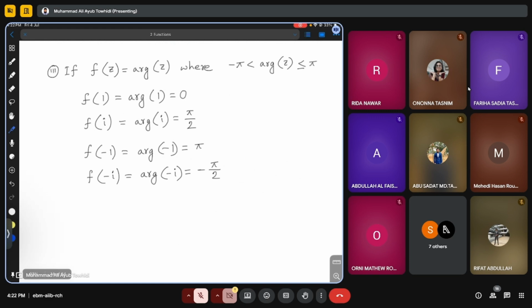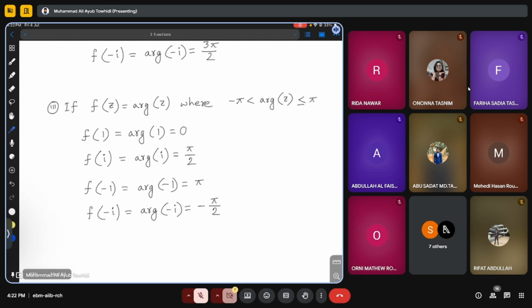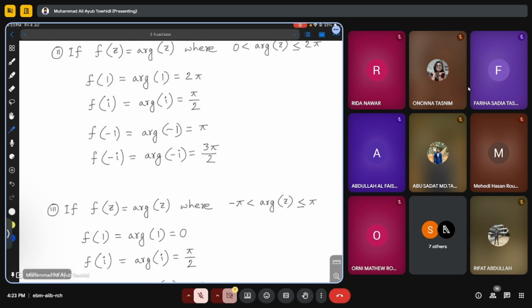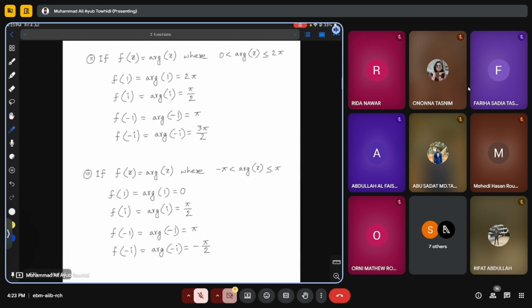But if I say argument of minus i within this range, then it has to be minus pi by 2 and no other value. And if I change the range to this, if the range is between 0 and 2 pi, then the argument of minus i will be 3 pi by 2. Again, compare these two, 3 pi by 2 and minus pi by 2.